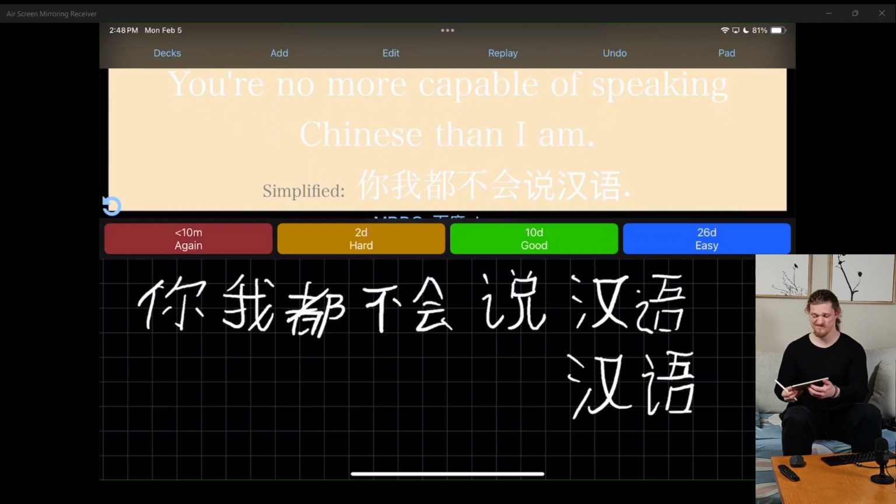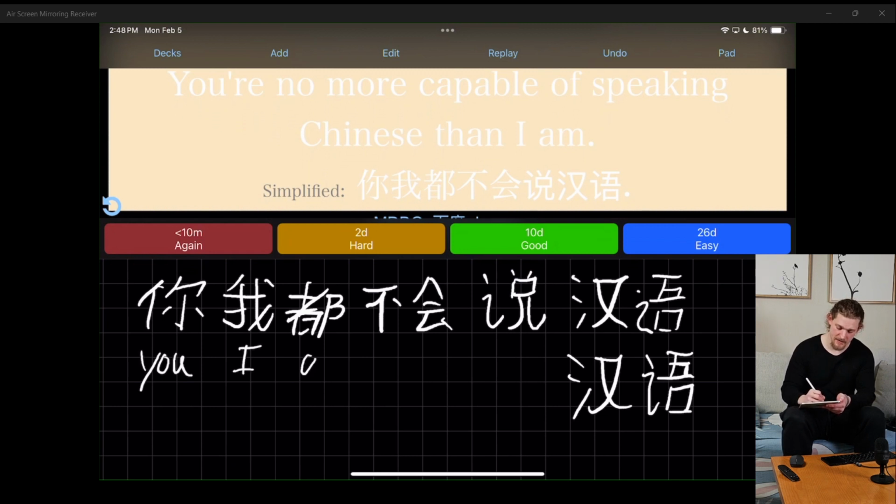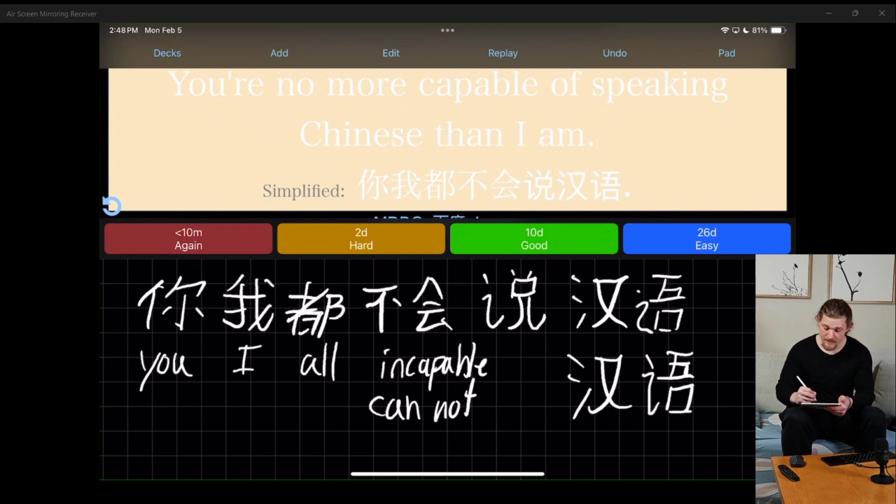你我都不会说汉语 actually means you, I, all, incapable or cannot speak Chinese.